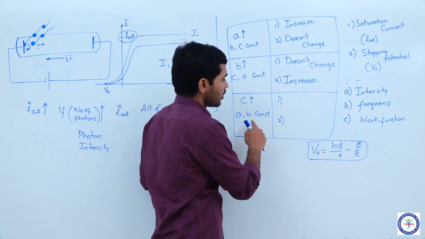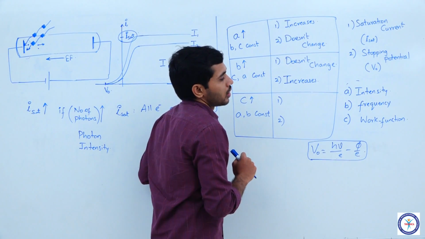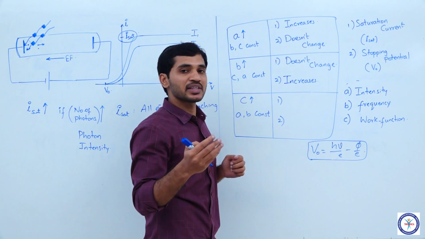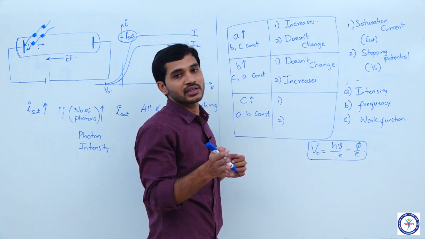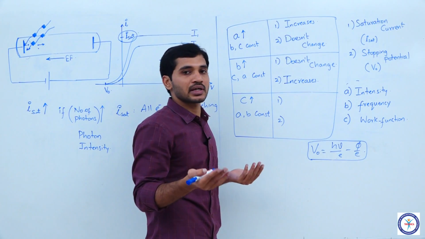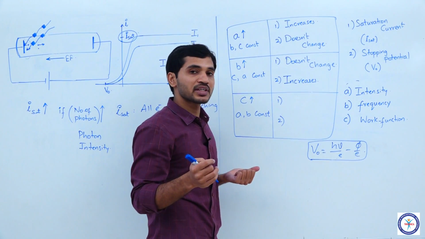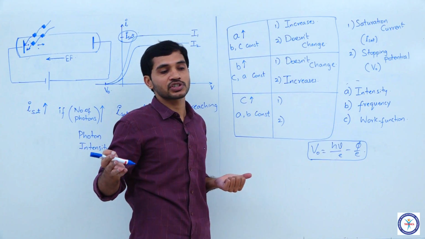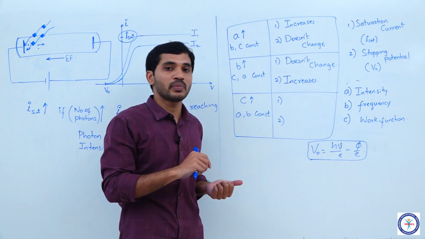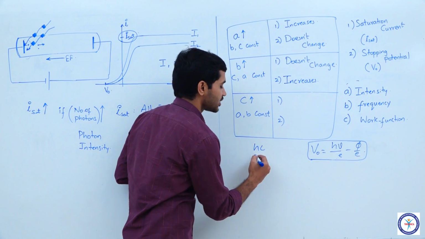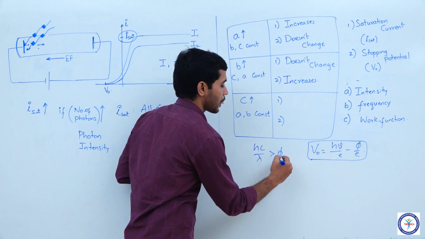See, there are two things that can happen here. If you are replacing that metal with a metal of lower work function, then the photoelectric effect will continue to happen. But if you replace the metal with a material of higher work function, the photoelectric effect may stop altogether, because the first condition that should be met is hc by lambda is greater than phi.